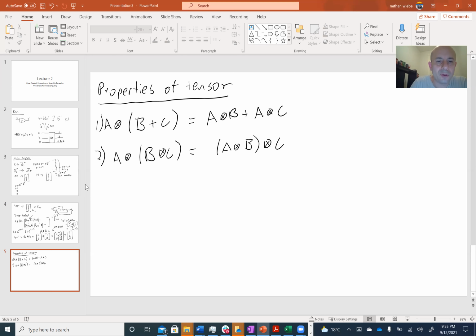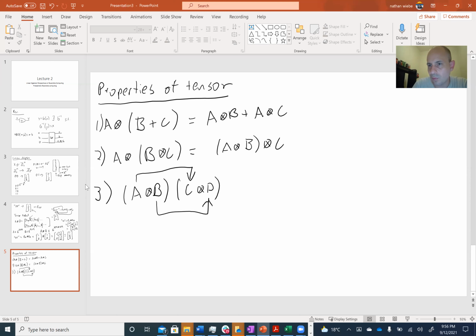But there are some other beautiful properties of the tensor product as well. Perhaps the most useful property is actually the multiplication property. It turns out that if we've got a tensor product of different matrices and we've got another tensor product, then the product of tensor products ends up distributing over the tensor factors.